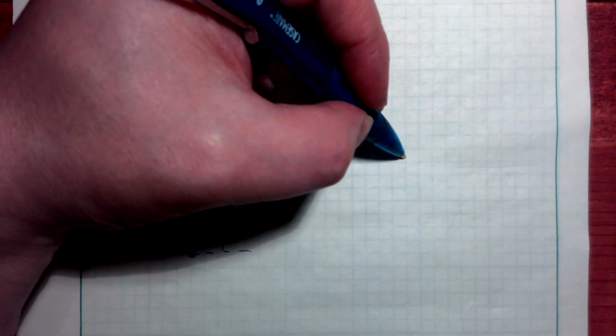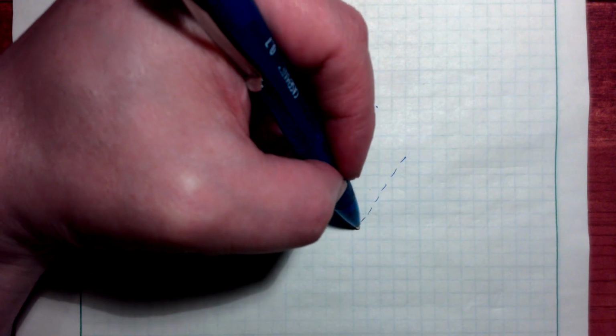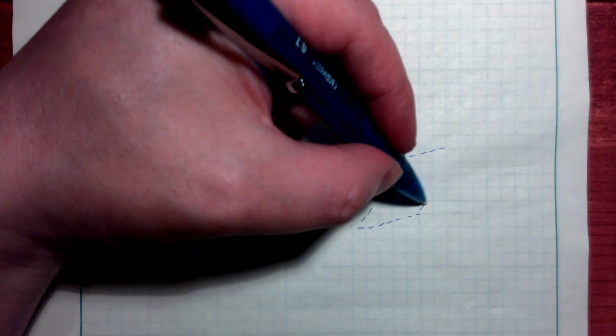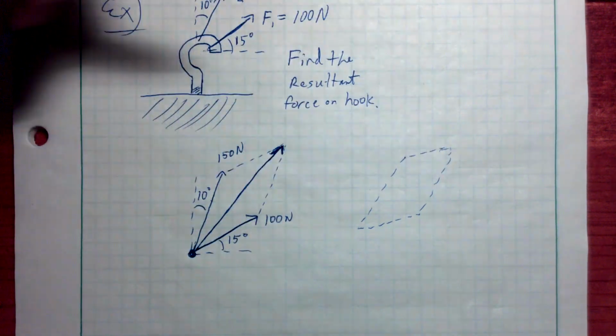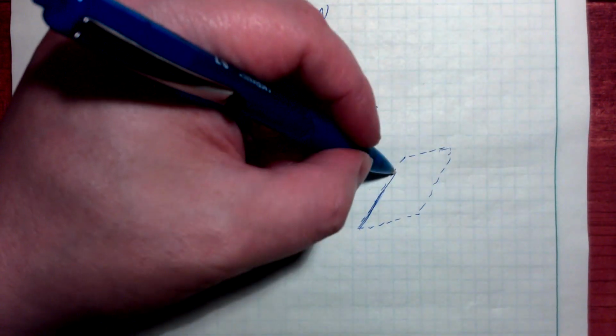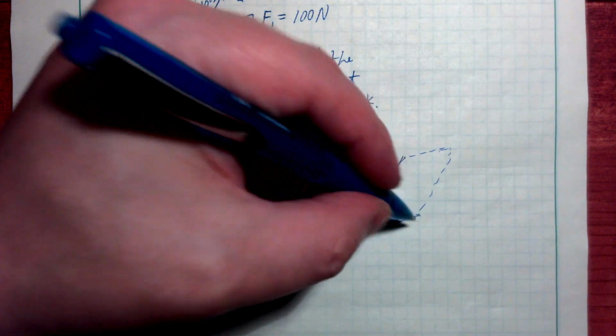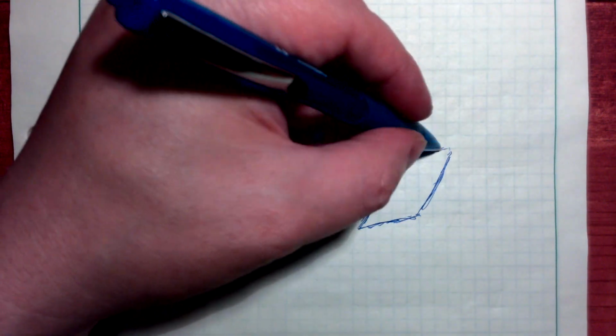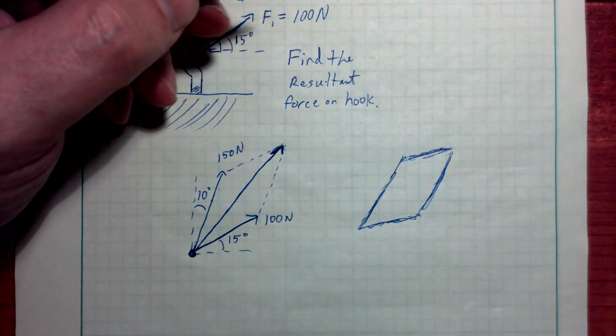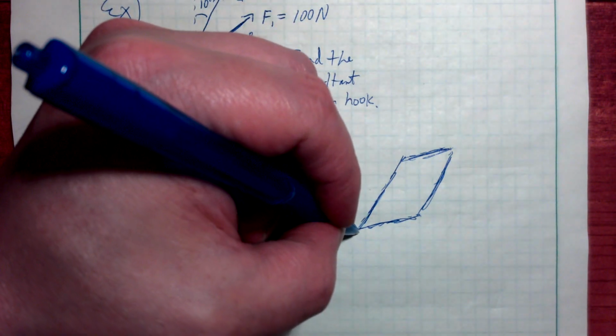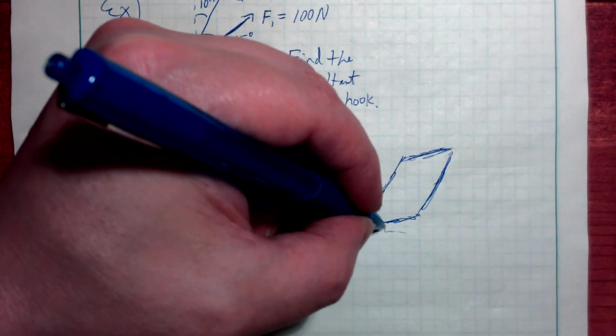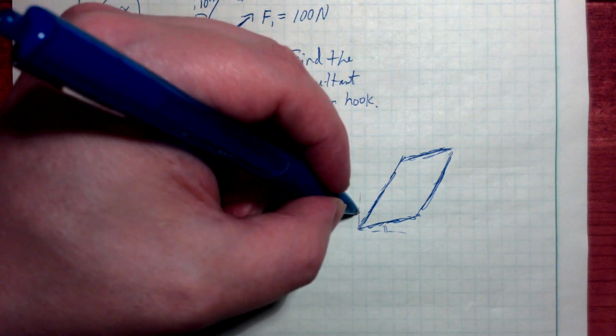If I draw just the parallelogram over here, and it's not perfect, it doesn't have to be perfect, okay, what do I know? Well, I know that this is 15 here and this is 10 there.